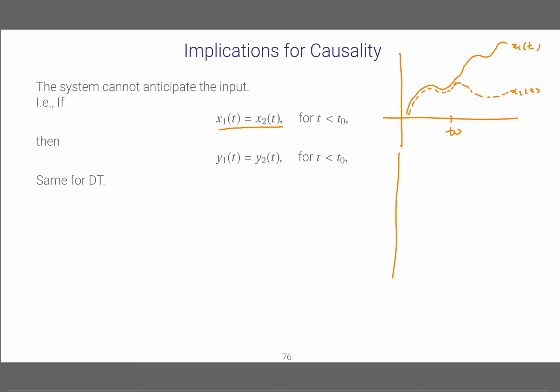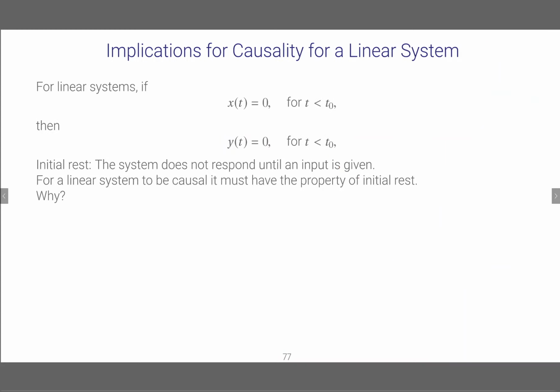The corresponding outputs y1(t) and y2(t) must also be equal up until t0. These are the outputs. What we are saying is the system cannot anticipate that x1(t) and x2(t) differed from each other after t0. That future event cannot be anticipated. So up until t0, y1(t) must be equal to y2(t).